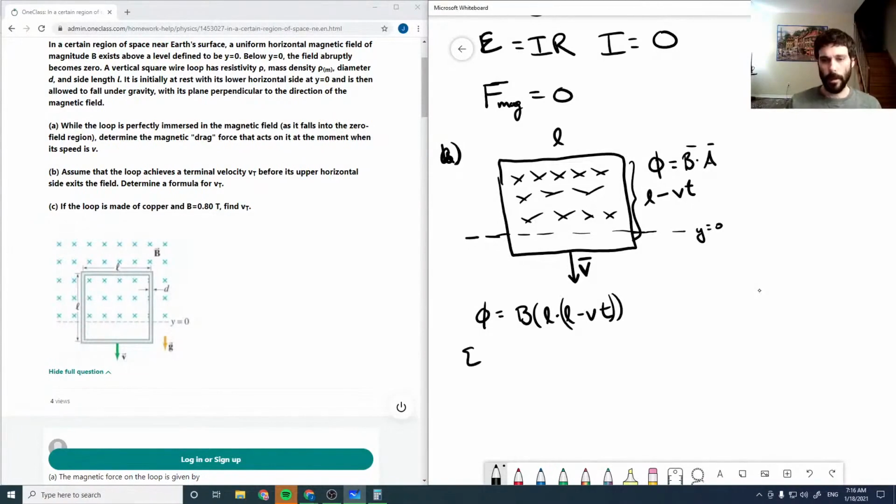And so then our EMF is minus d phi by dt, which is going to give us BLv, just BLv, right? Because this is B times L squared minus Lvt.